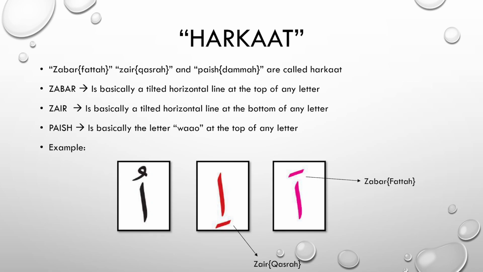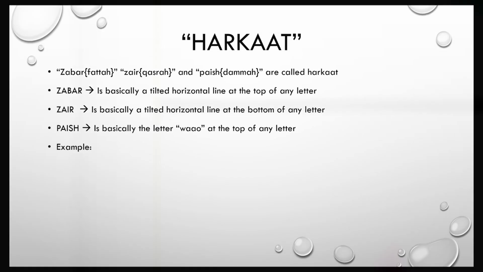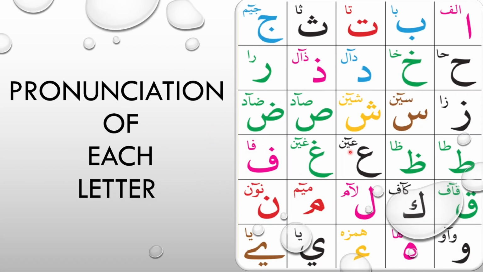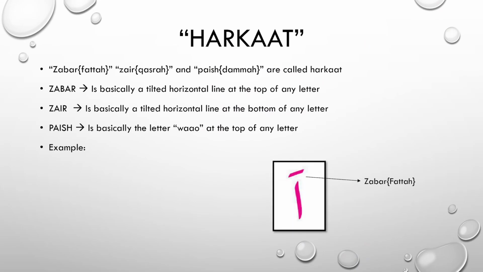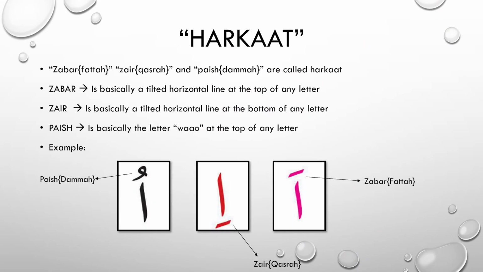For example, we saw in the last slide that we had all these alphabets. So you practice all of them. A, I, U. With Alif, Ba, Bi, Bu. Ta, Ti, Tu. Tha, Thi, Thu. So you practice all of the Harkaat. That's how you pronounce these Harkaat.